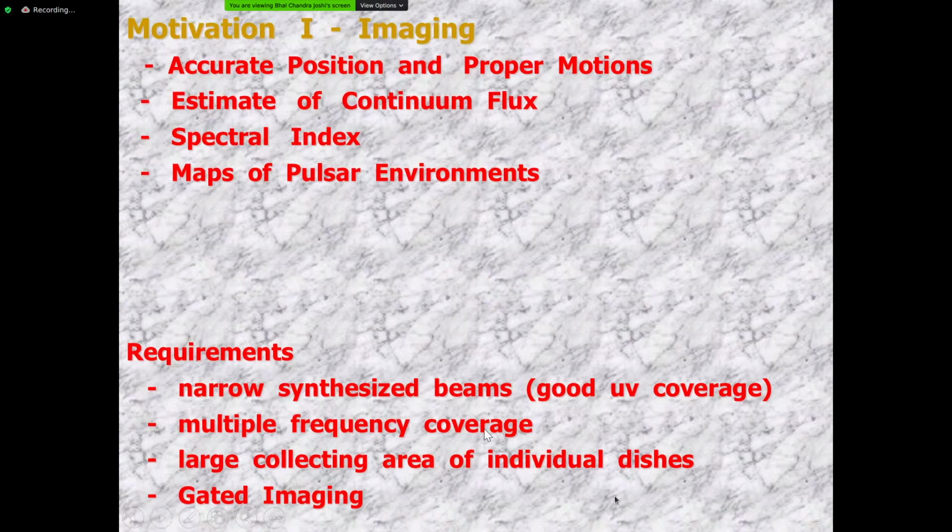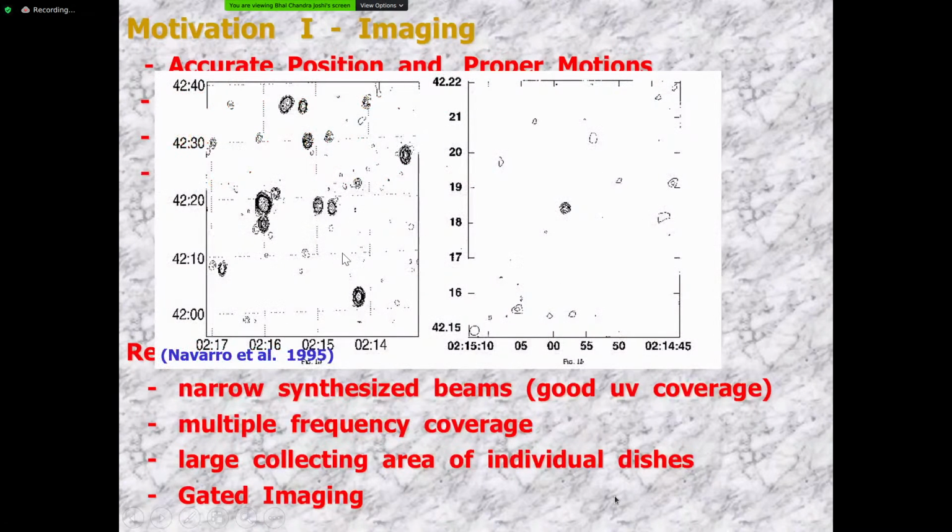This requires narrow synthesized beams, multiple frequencies, and since pulsars are very weak sources, a very large telescope.